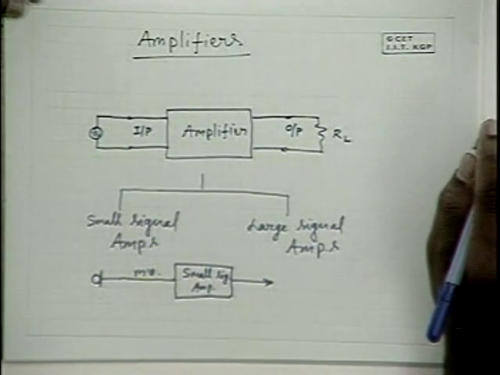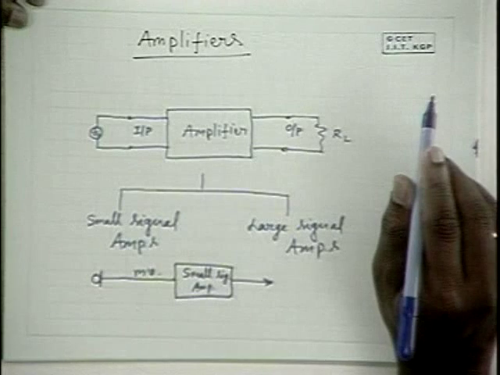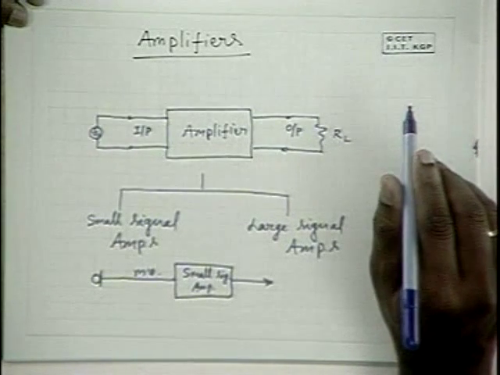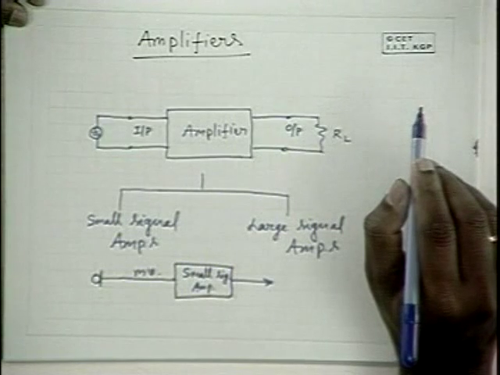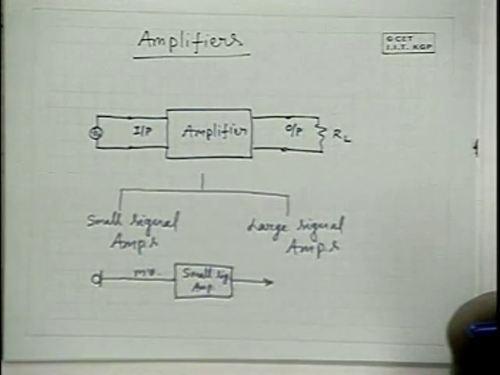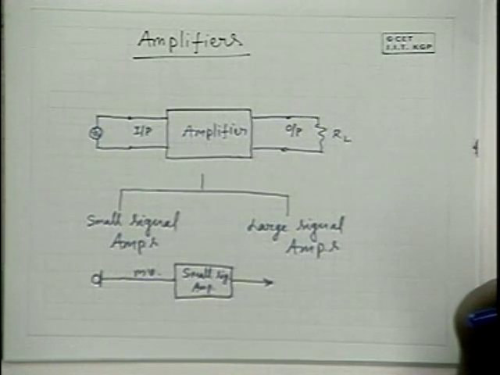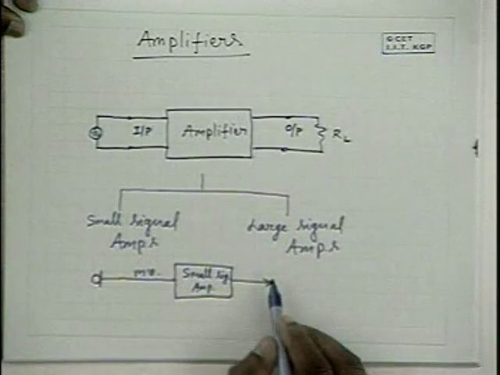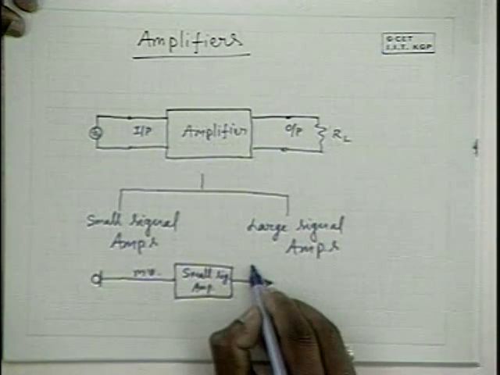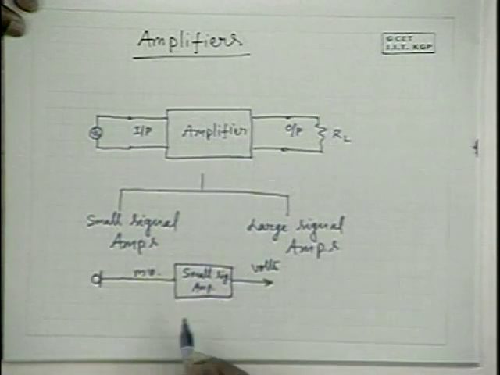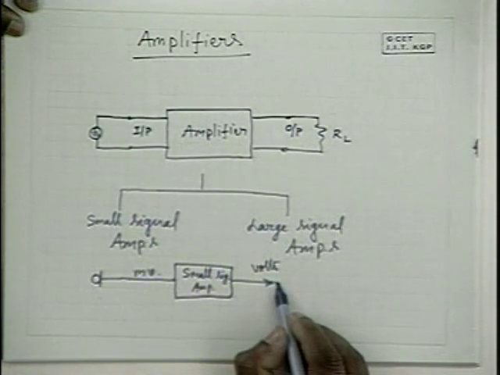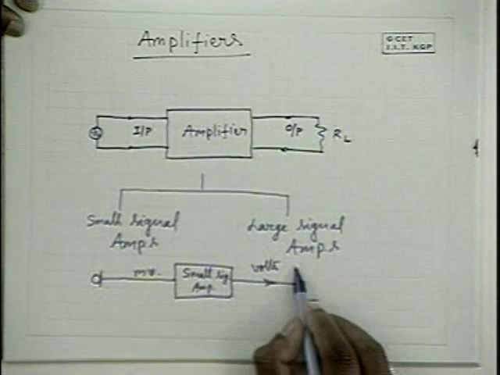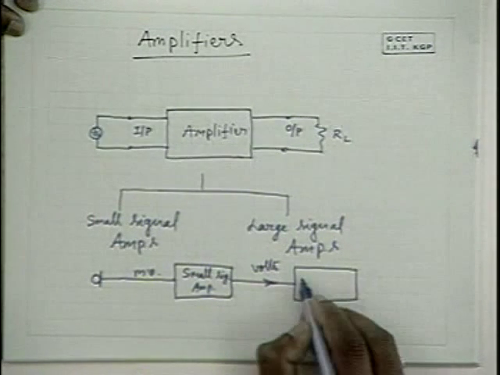Now, for applications like a public addressing system, you need hundreds of watts of output, so that a big auditorium can be powered with amplified audio signal. Hence, you need further power amplification. Here it is millivolts at the input, and of the order of volts at the output of the small signal amplifier. Since the signal is large here, it's a large signal amplifier.